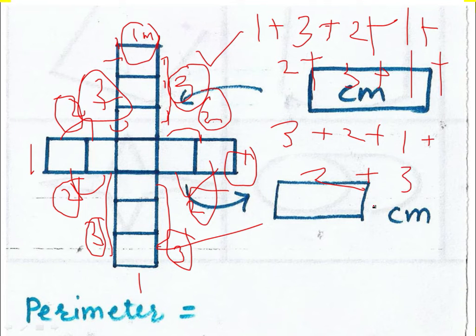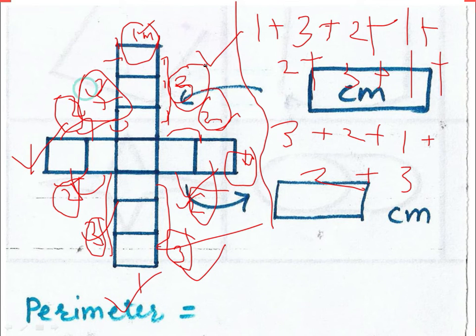So we will try to count whether we have taken all the numbers or not. This is 1, 2, 3, 4, 5, 6, 7, 8, 9, 10, 11, 12. Good. Now we will add all these numbers.